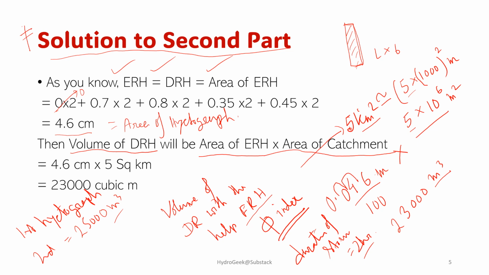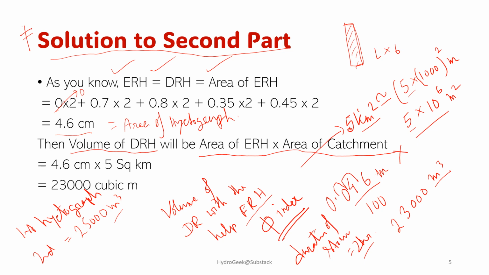Okay, so this is more or less the solution to this problem, which has been taken from Engineering Hydrology by K. Subramanian, and you can find this sum in numerical number 6.3.